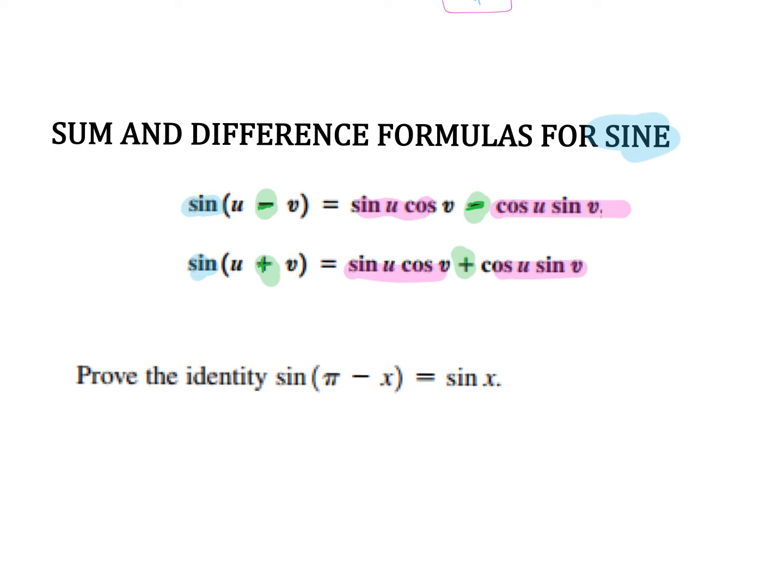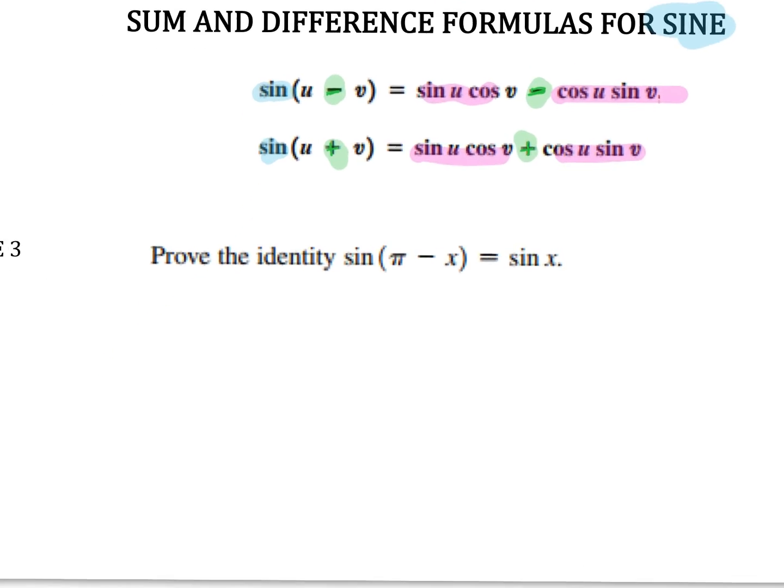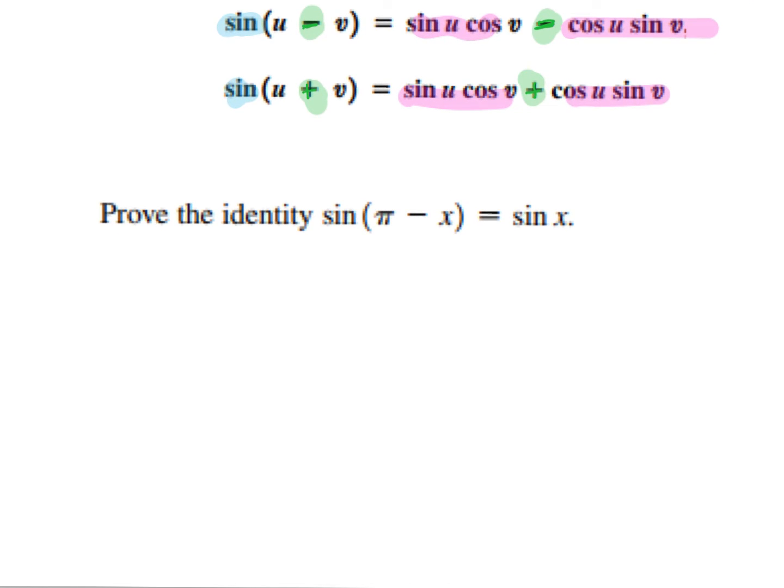So the signs are the same. If you notice in the pink, what I've got highlighted, the sines and cosines are kind of mixed together, right? We've got sines and cosines together in the first part, sines and cosines in the second part. So the formula's a little bit different, which it should be if it's a sine formula instead of a cosine formula, right?